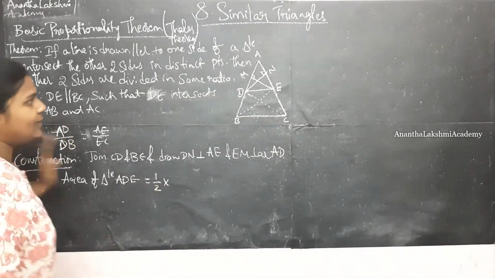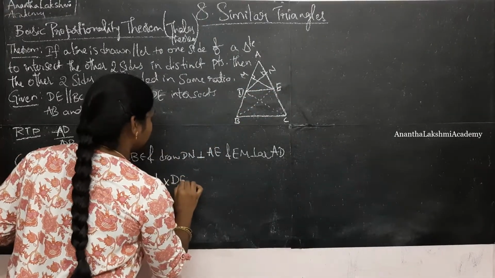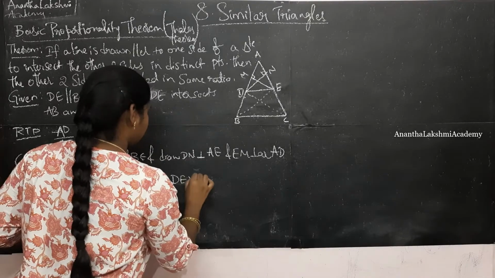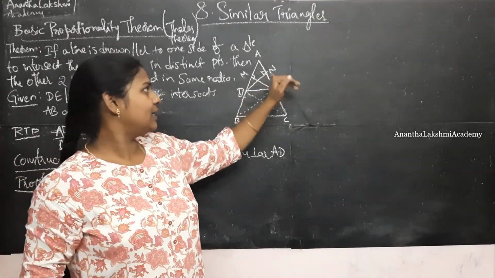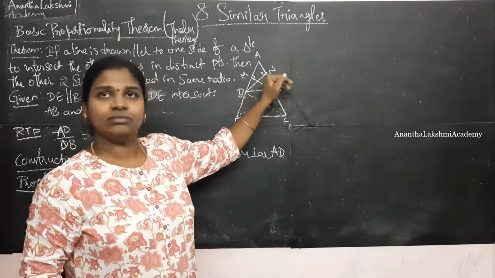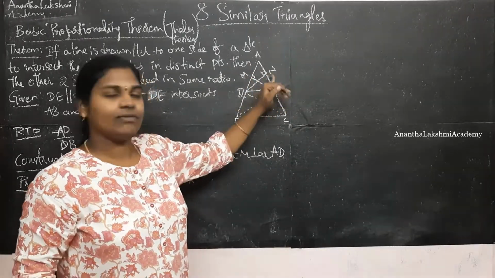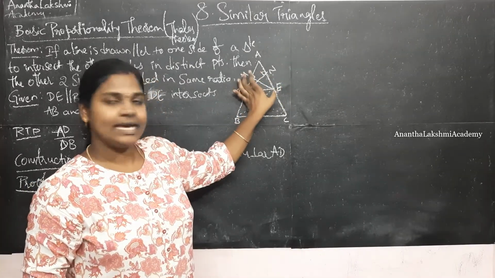Half into base. Base is nothing but DE, into height. What is the height? Which is nothing but the perpendicular that is drawn, EM or DN. However, whichever one you might take. For now, I am considering EM.